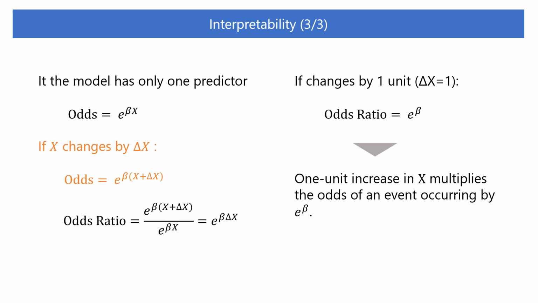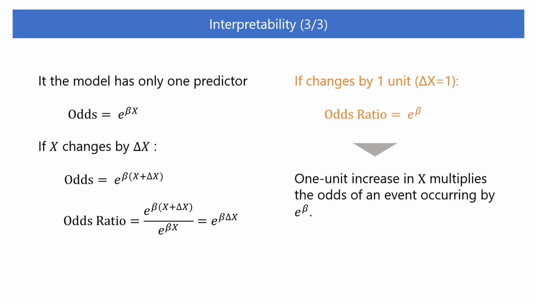If we denote this change in x as delta x, the odds after x changes are e to the power of beta parenthesis x plus delta x. The odds ratio can be calculated in this way. So it is e to the power of beta delta x.